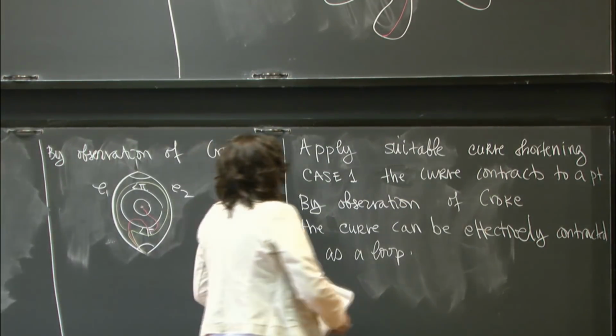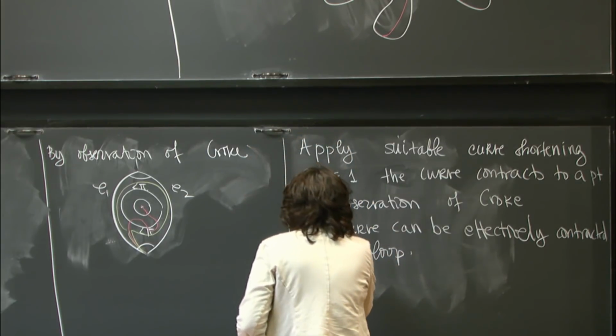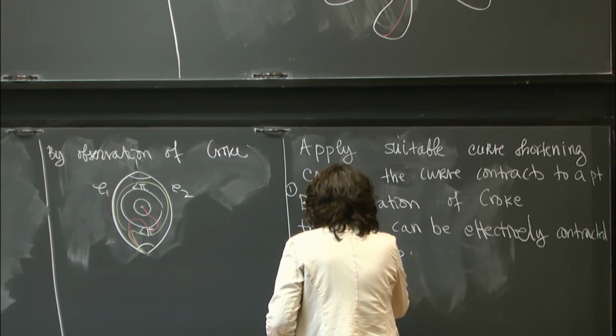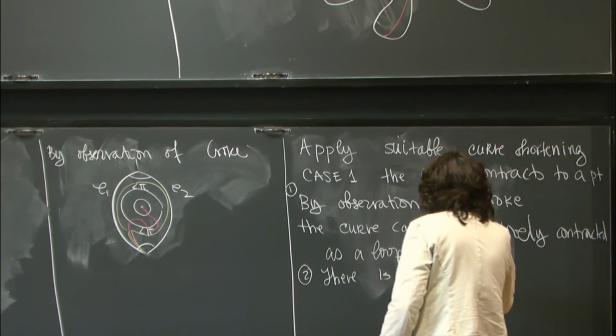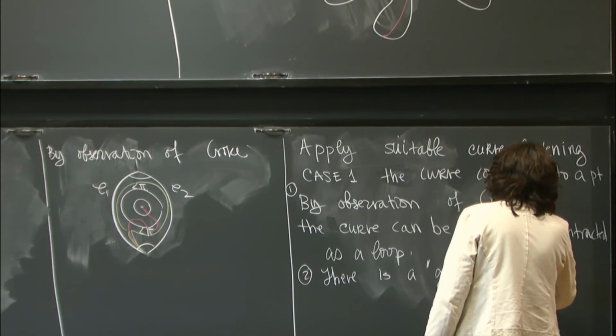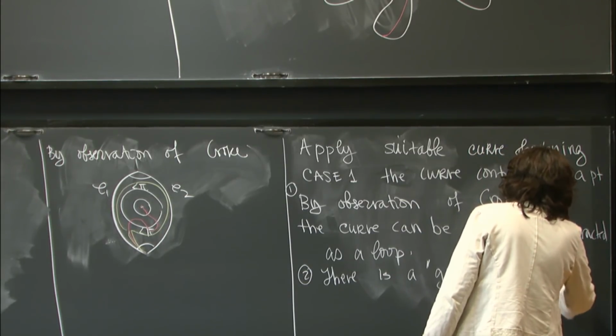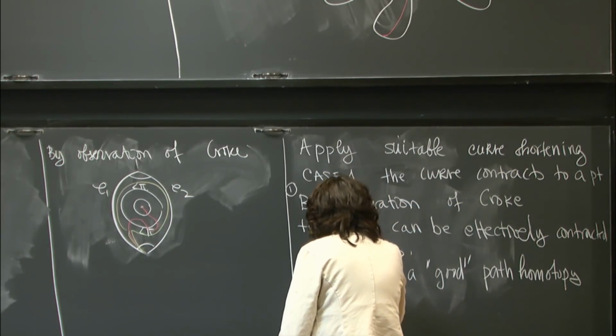So maybe this is observation 1, and this is 2. There is a good, by good I mean over short curves, path homotopy between E1 and E2.